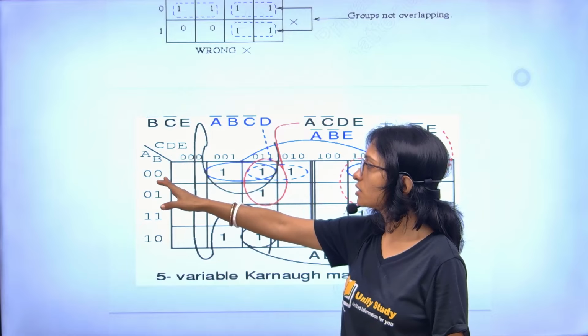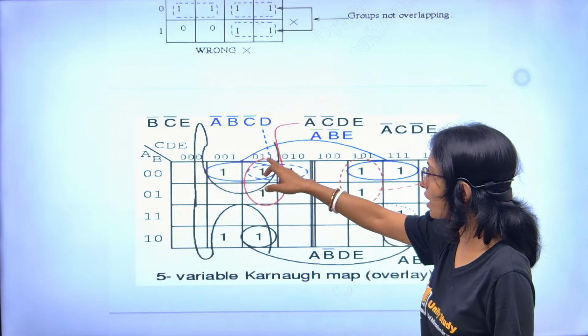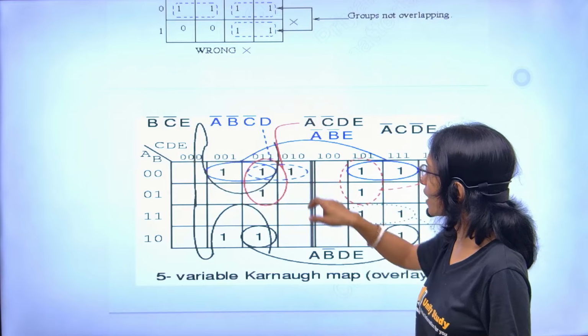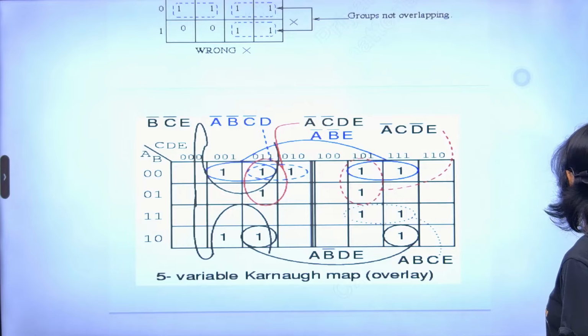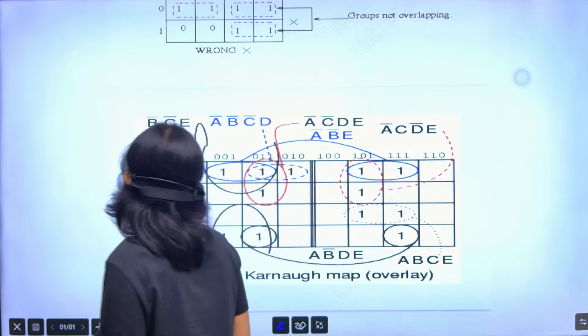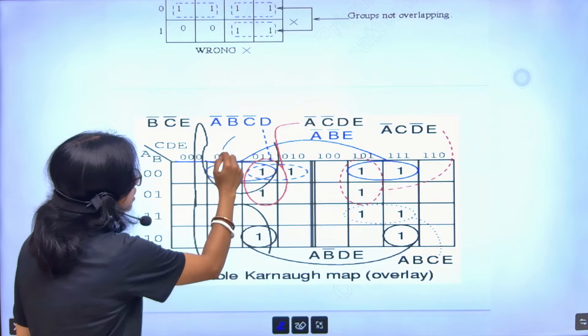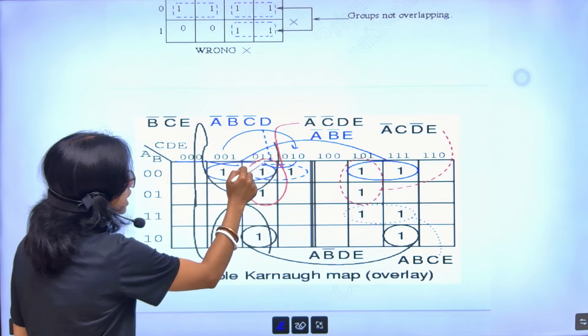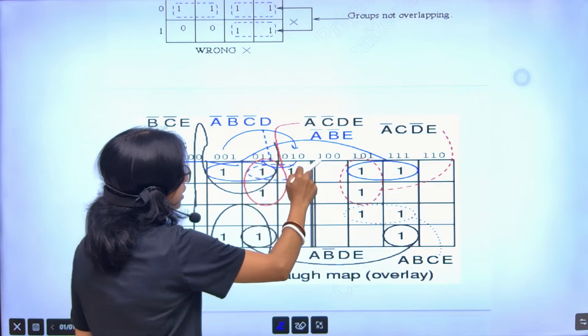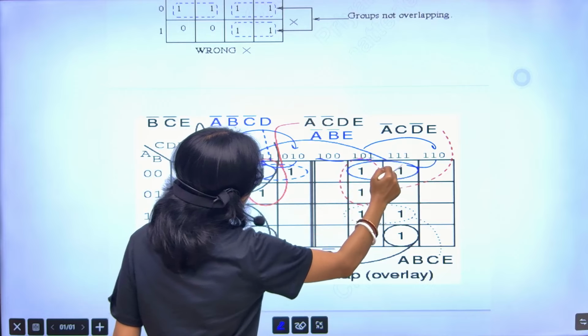Same rule: 00, 01, 11, 10, here 000, 001, here 010. At the time of 5 variables, see how this works: at a time only one value changes. That's why 000, 001, 010, now 011, again 100, 101, 110, 111.